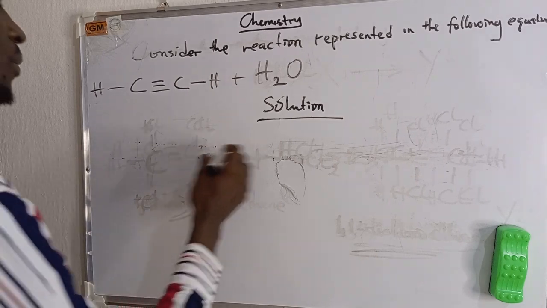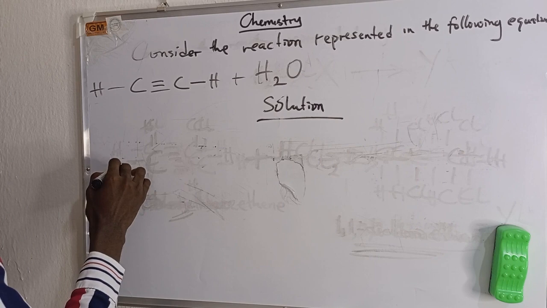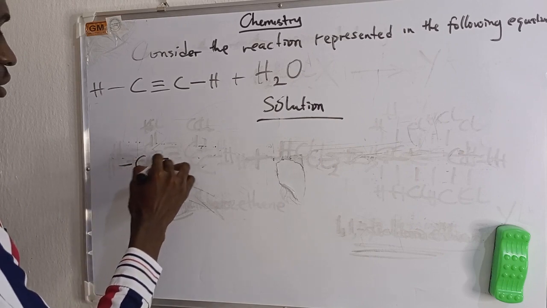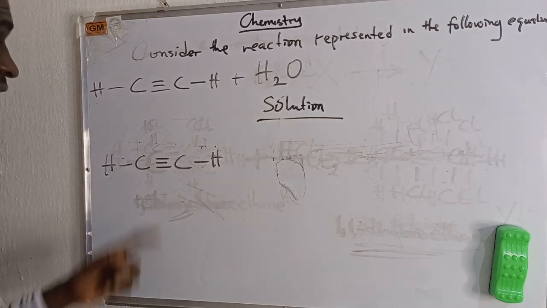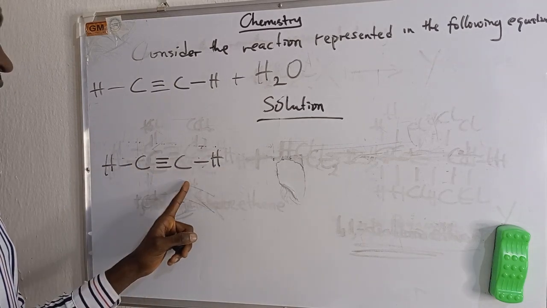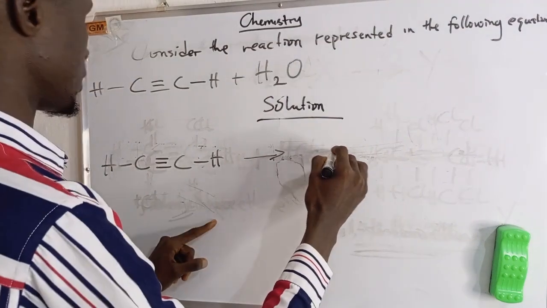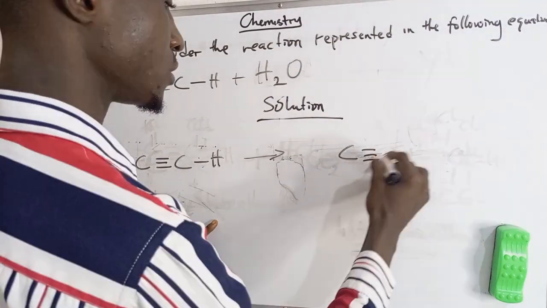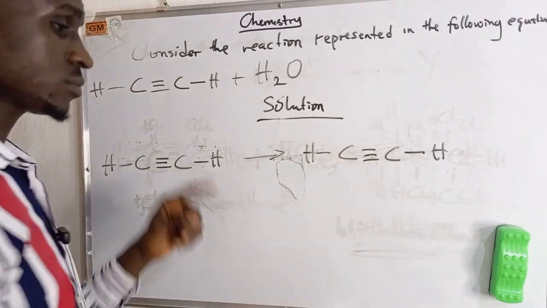So what will be happening here is that the reaction is going to form an ethenol. Since we are working with ethyne, it will form what? An ethenol. Let's still have our compound ethyne here.